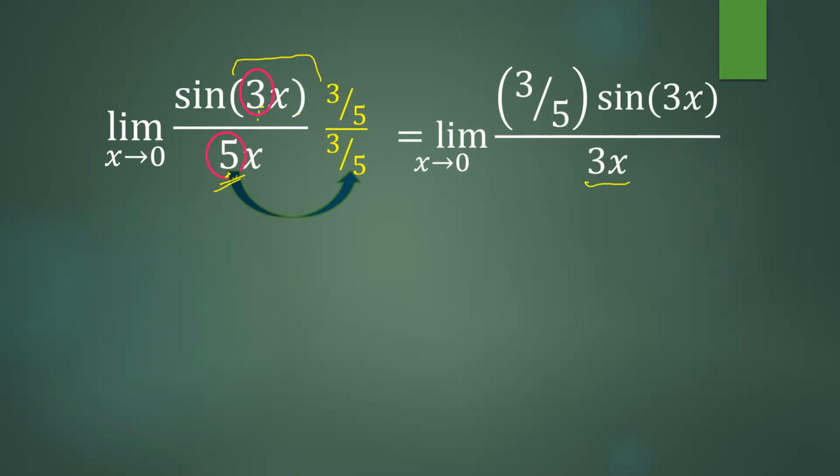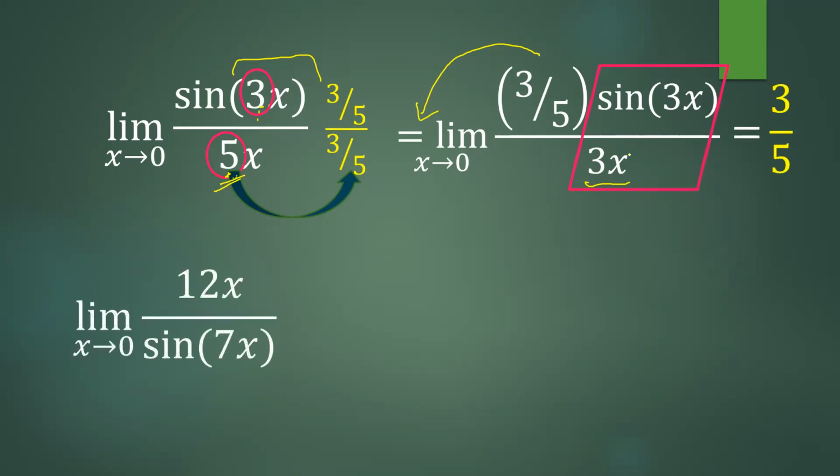At the same time, we applied the commutative property here, placing this factor on the first part. So 3/5 times sine 3x over 3x. So we can now apply the limit property here. We can bring out the constant, the coefficient, outside, so that it becomes the coefficient of the limit. Then when we take the limit of this boxed fraction, that is just equal to 1. So we have 3/5 times 1, so it's just 3/5.